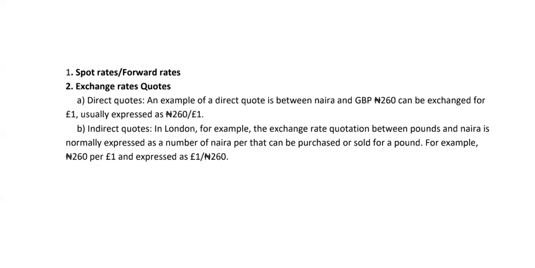What we are trying to do here is we are just measuring it for completeness, to break it down into detail. That is why we are doing 1 over 260, to break it down into detail instead of leaving it as a 1 pound slash 260 naira.